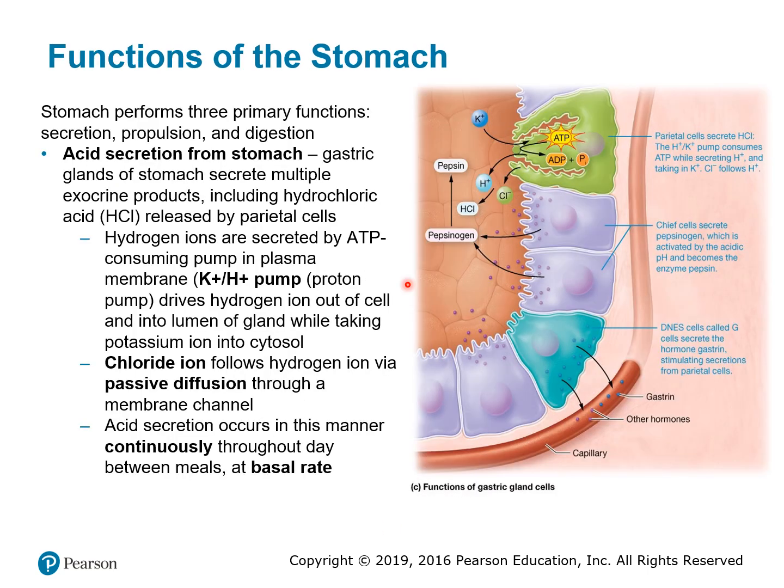Okay. So we're going to talk more in detail about mainly the parietal cells and then the other cells and what they do to work together. So when the parietal cell secretes hydrochloric acid, it's going to use this hydrogen ion and potassium ion pump. It's going to start releasing hydrogen ions into the inside of the gastric gland, and potassium ion is going to go in.